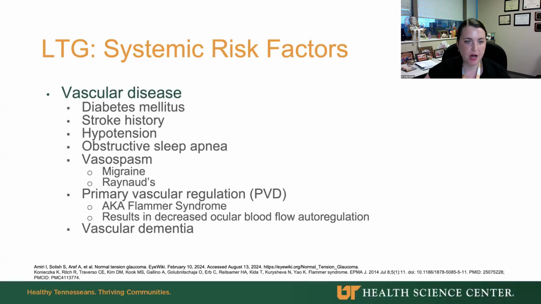Some define this as Flammer syndrome, which results in impairment or decrease in ocular blood flow autoregulation, and as I mentioned, vascular dementia. Across various studies these are found to be associations or potential risk factors that you could modulate as a provider in patients with low tension glaucoma.